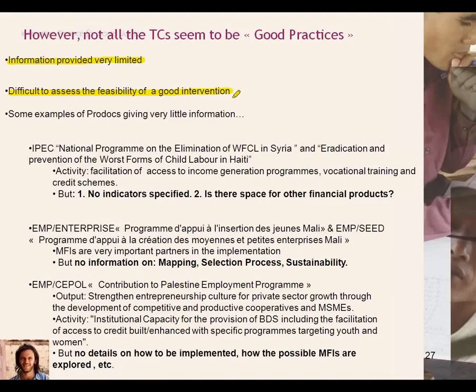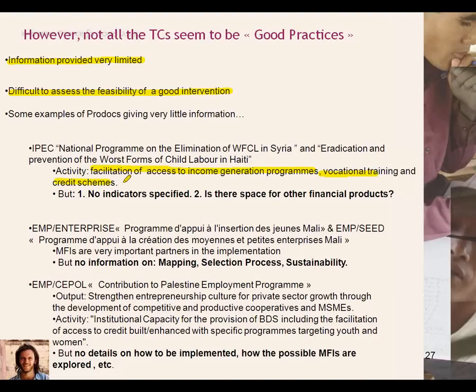So, for example, IPEC has two programs, one in Syria and one in Haiti, where the output was that the quality of the life of the selected families would improve after the technical cooperation, and include as an activity the facilitation of access to income generation programs, as well as vocational training and credit schemes.